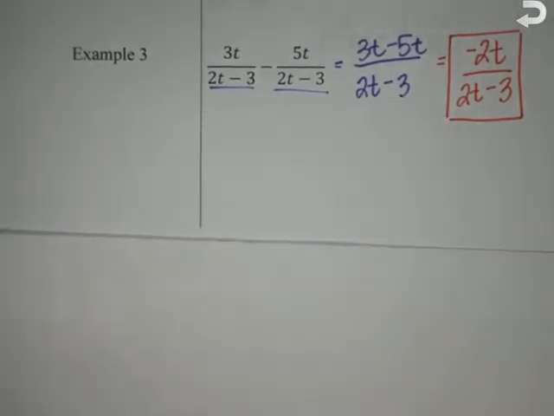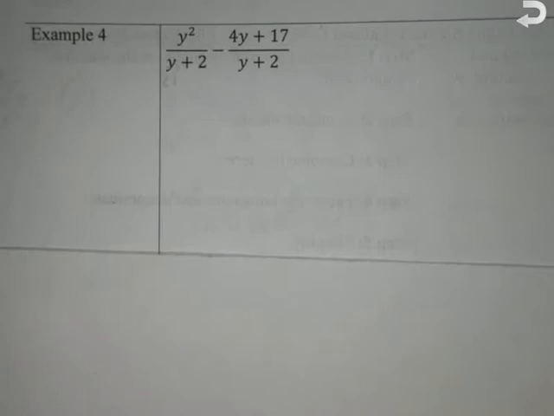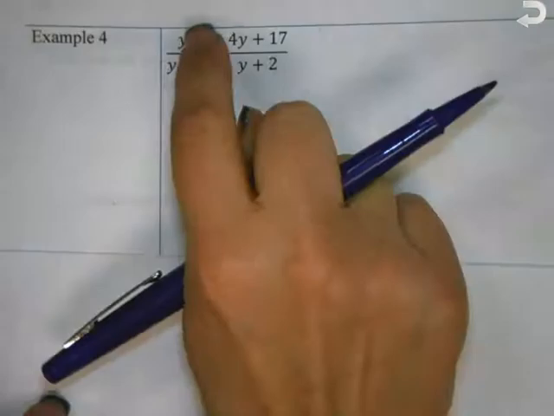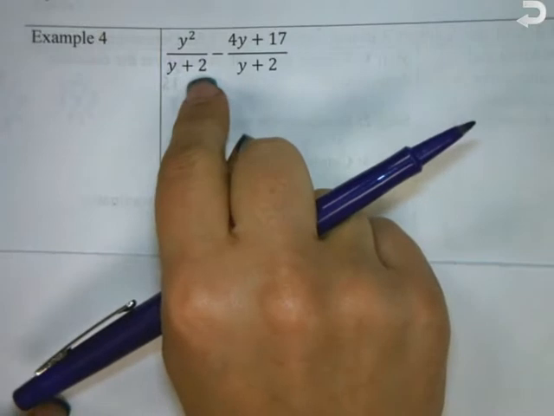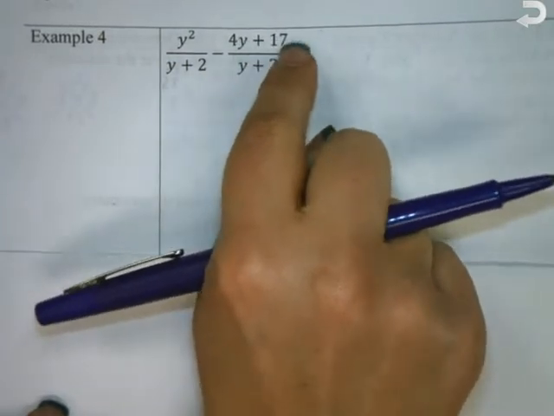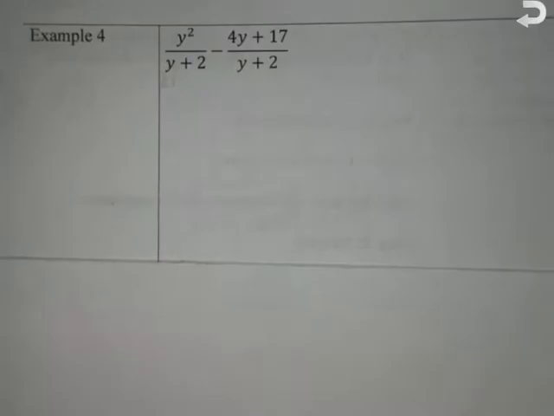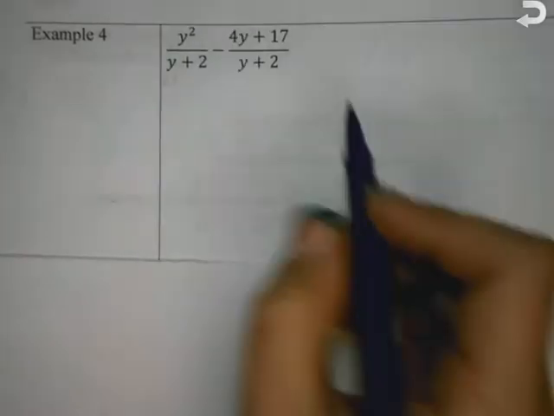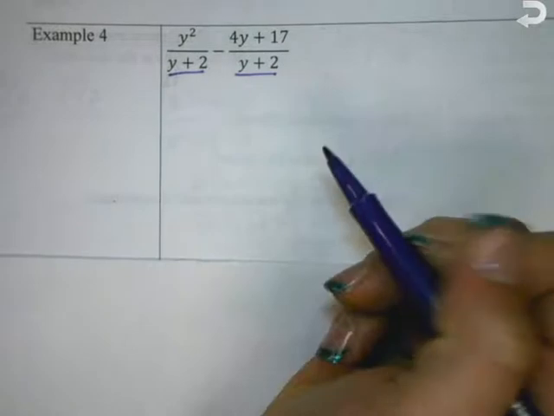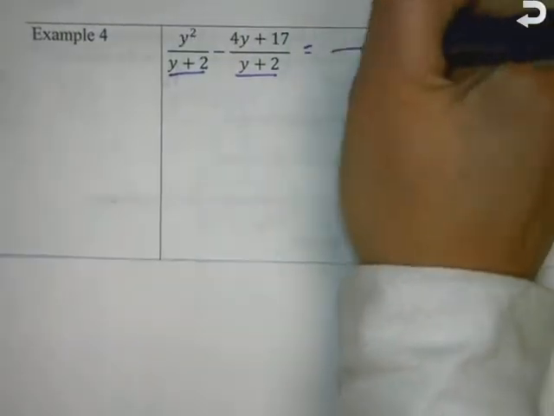Example 4. Now we're getting trickier. y squared over y plus 2 minus 4y plus 17 over y plus 2. Do I have common denominators? Yes. So we're going to write the whole thing over the common denominator y plus 2.